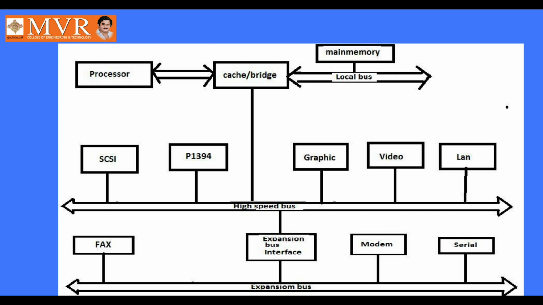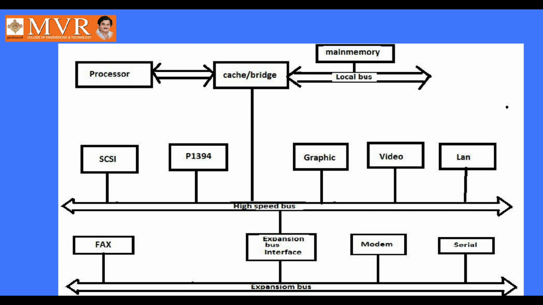There is a high speed bus in between. You have seen SCSI, P1394, graphics card, video card, LAN card. All these cards are there in the CPU, in either the front portion or the back portion of the CPU.